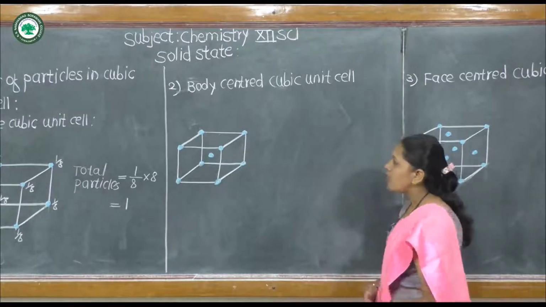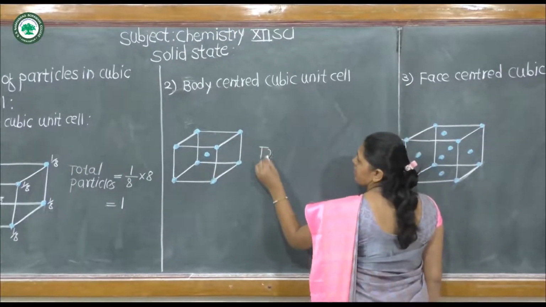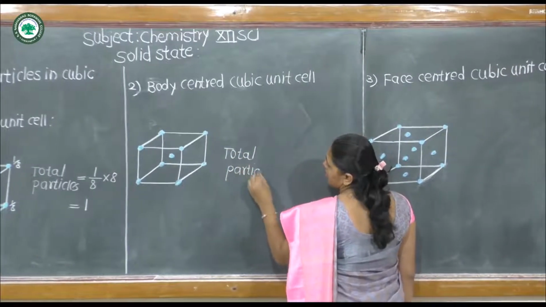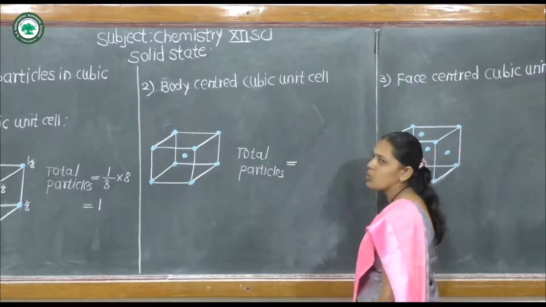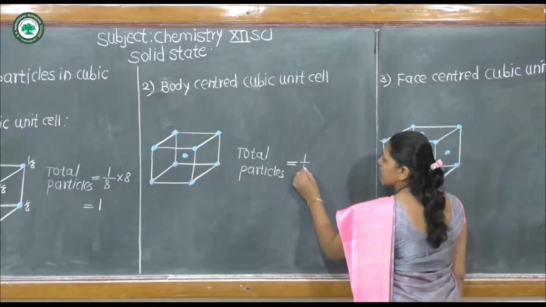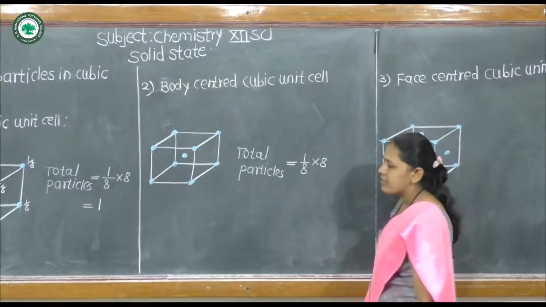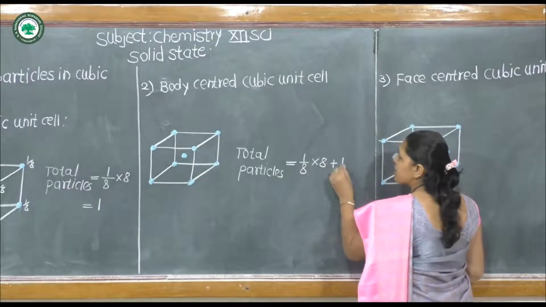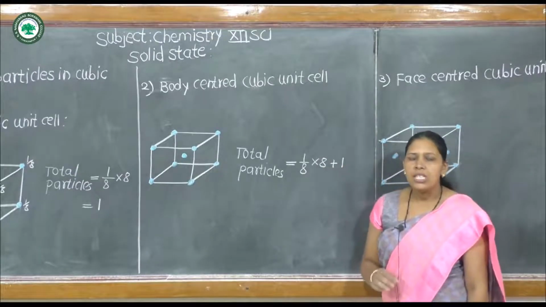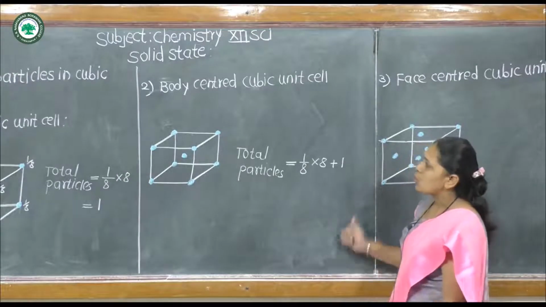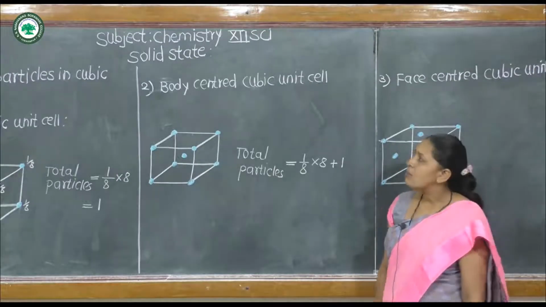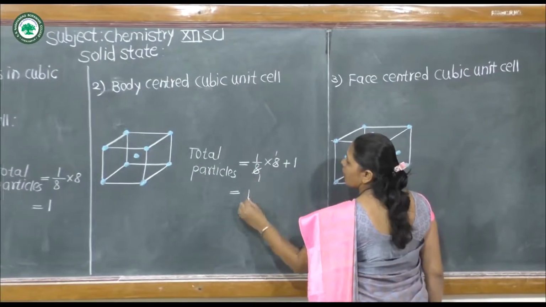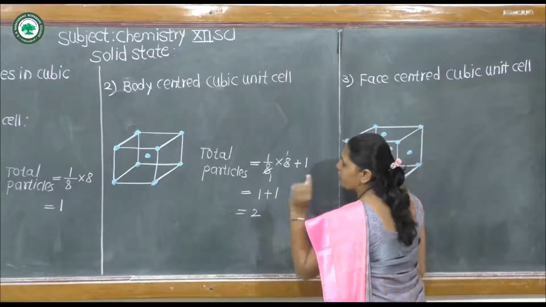Therefore, the total number of particles or atoms is equal to 1/8 multiplied by 8, this is at the 8 corners, and 1 particle is present at the center of the unit cell. Therefore, the total number of particles in the body centered cubic unit cell is equal to 1 plus 1, which is 2.